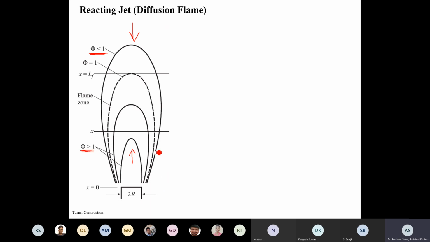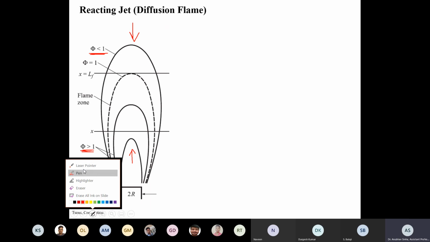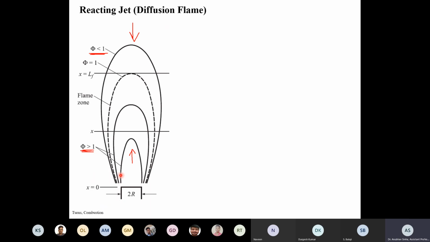Right? In between, you see this dotted line. In between we have a zone where phi is equal to 1. We have stoichiometric ratio. There only the flame will stabilize. For a diffusion flame, it generally stabilizes at phi equal to 1. This dotted line is your diffusion flame.